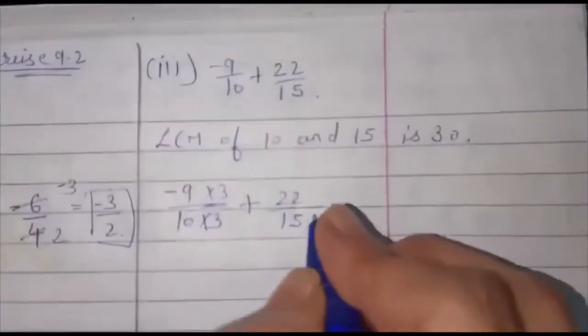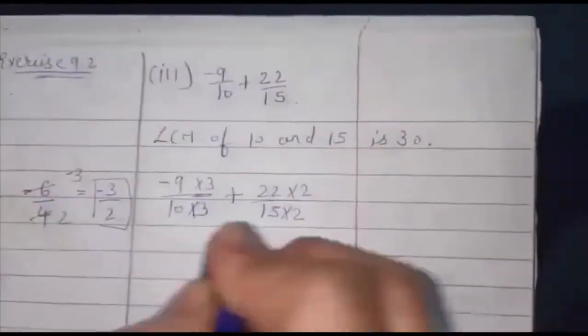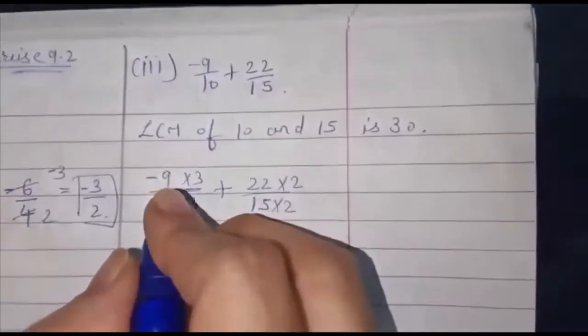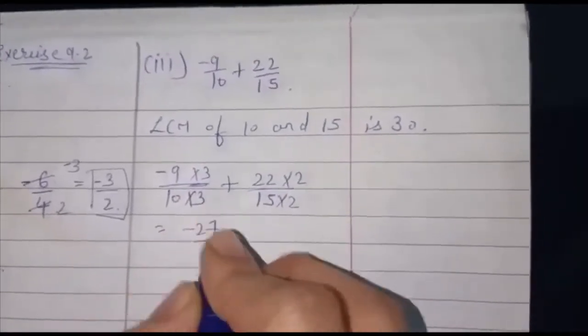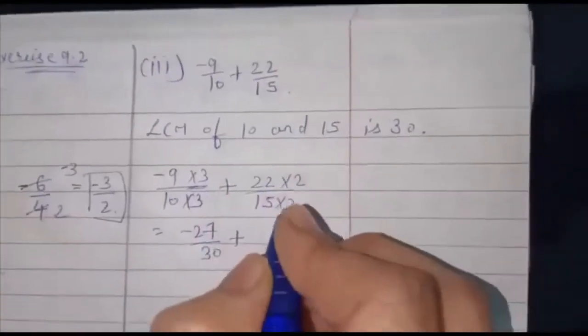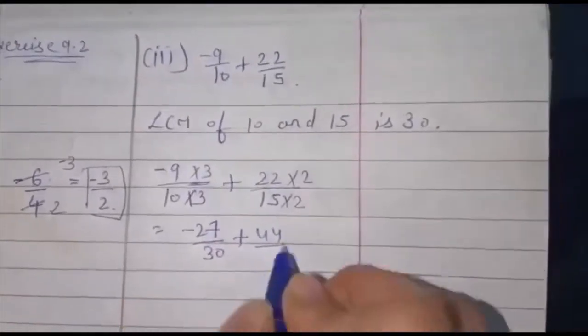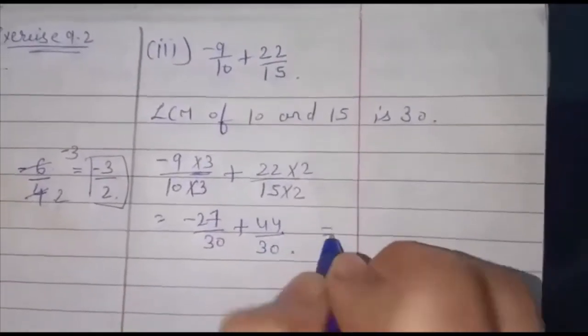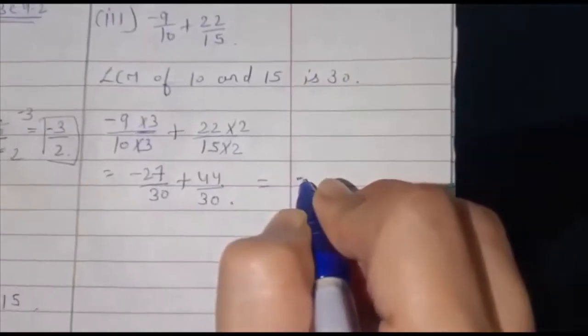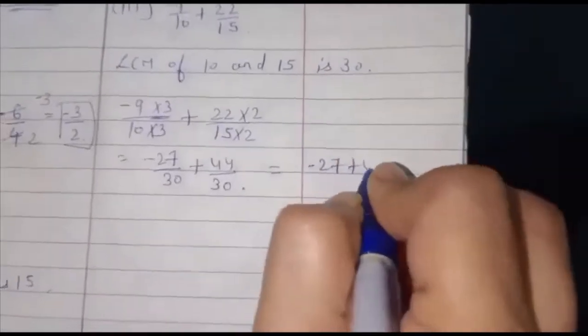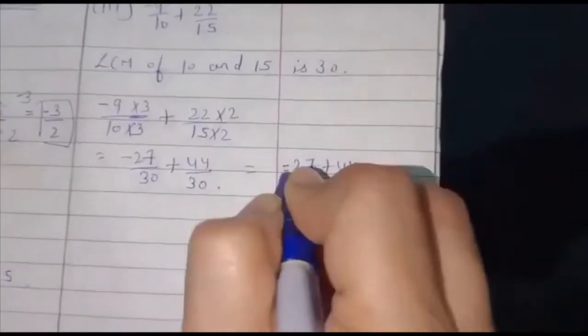With which number will we multiply? 2, down 2, up also 2. Now we will multiply. Minus 9 into 3 gives minus 27, 10 3s are 30, 22 2s are 44, so 44 upon 30. Now we can add: minus 27 plus 44 upon 30.